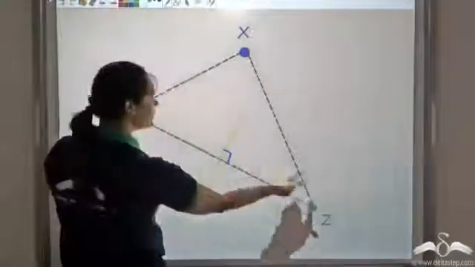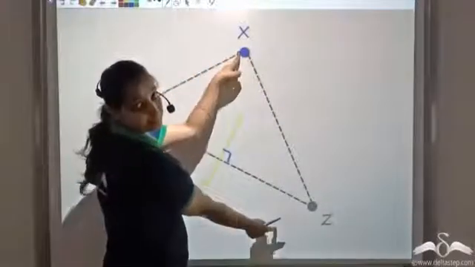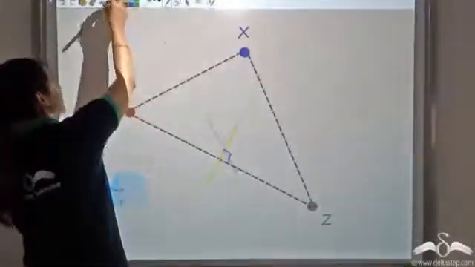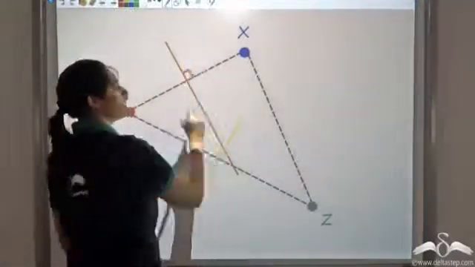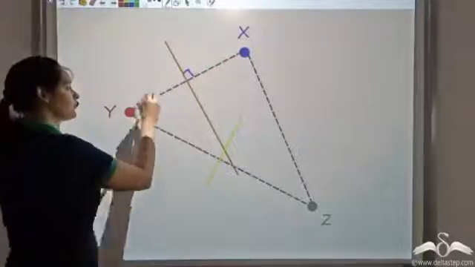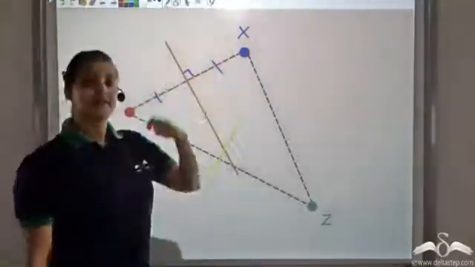Not just Y and Z, but it should be equal for Y and X and also for X and Z. So what I do is, I draw a perpendicular bisector to YX. Let's say this is the perpendicular bisector to YX. Since it's a perpendicular bisector, it is perpendicular and it is bisecting the side also.